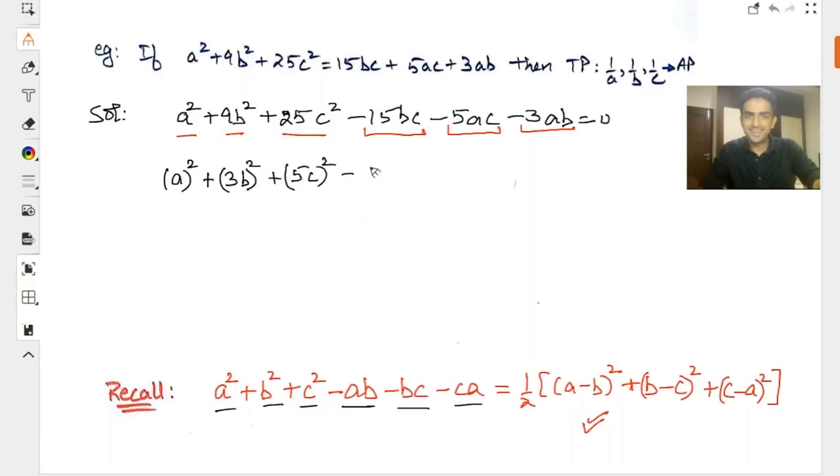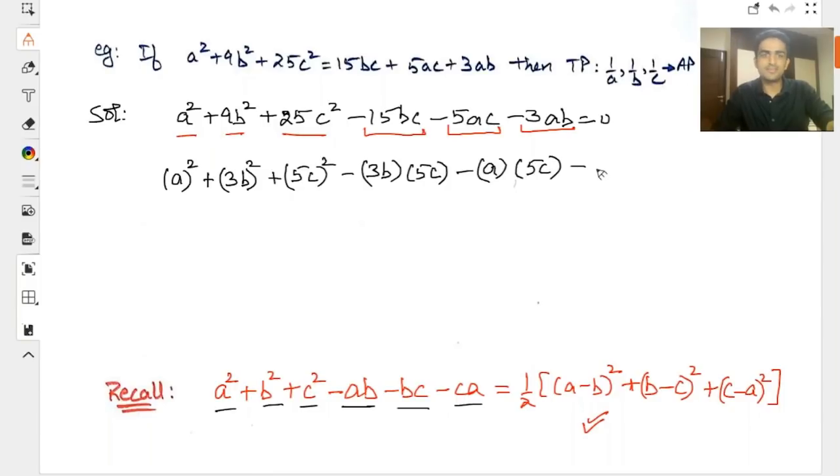So it is exactly of the same format. Whenever you see square, square, square, then product of 2, product of 2, product of 2, you always relate it with this important identity.